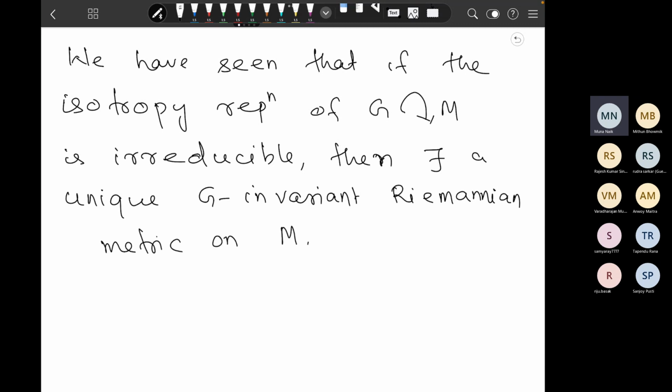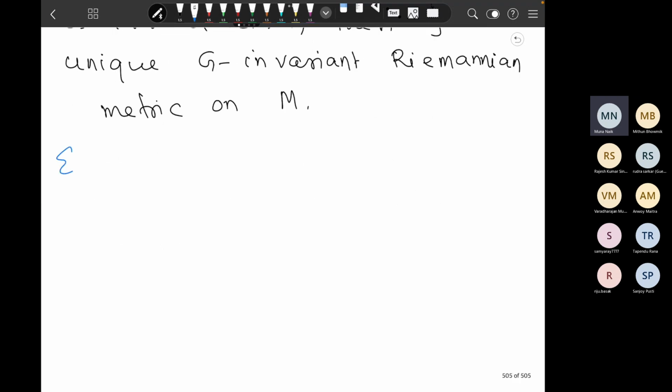Let us see 2-3 examples of this. So the first example is your Hn.